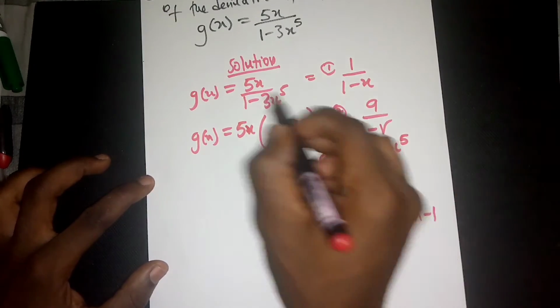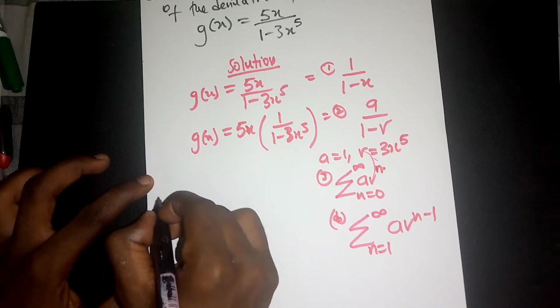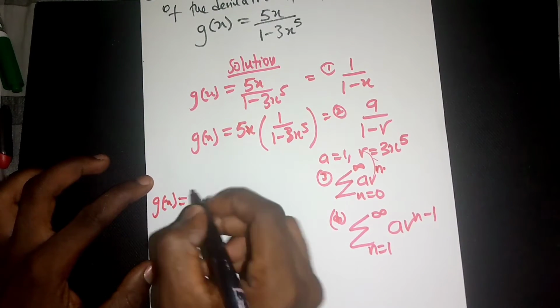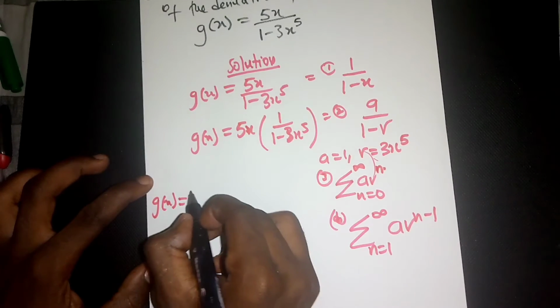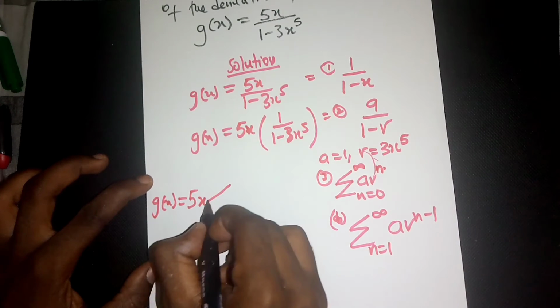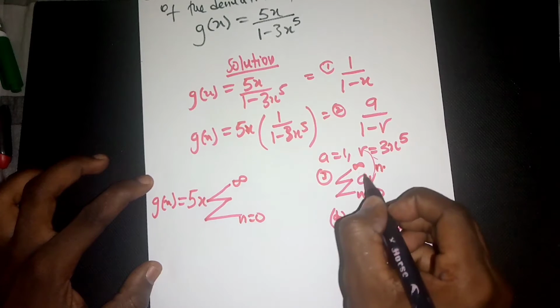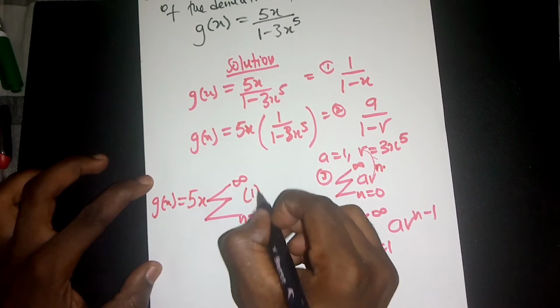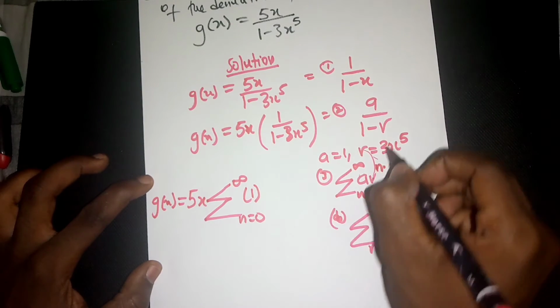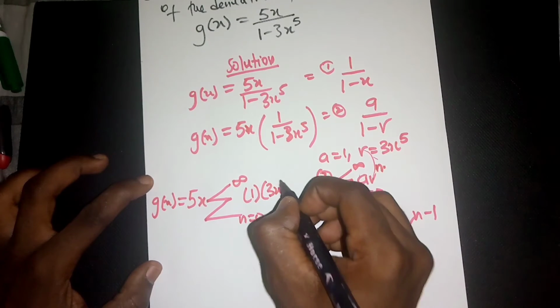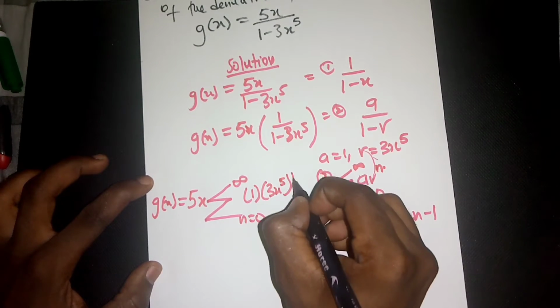So let's represent this series in terms of this. Therefore we have g of x being equal to, now that we have 5x out, we can bring the 5x out, the sum from n equals 0 to infinity. A is just 1, so we have 1 here, then r is just 3x to the power 5, then n.